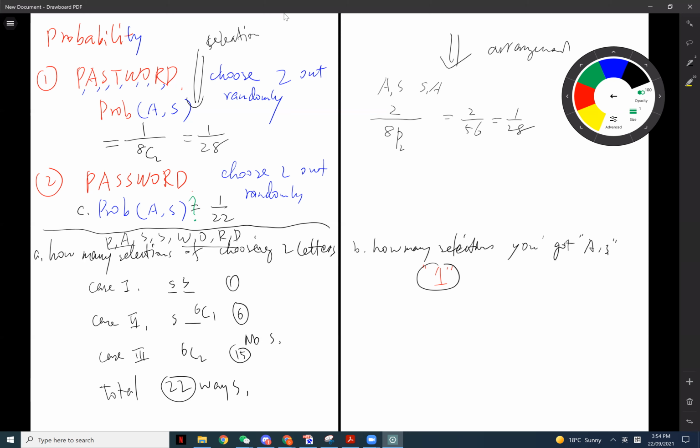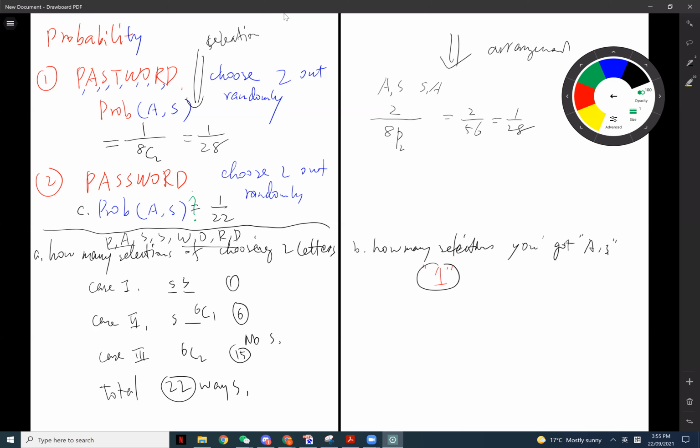Question 2A, like you just select two letters from this word. It's called password. Possible ways you select two letters, 22 ways. And if you just select AS, just one way.